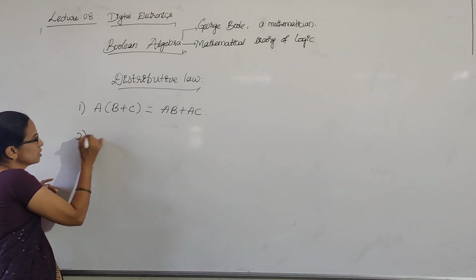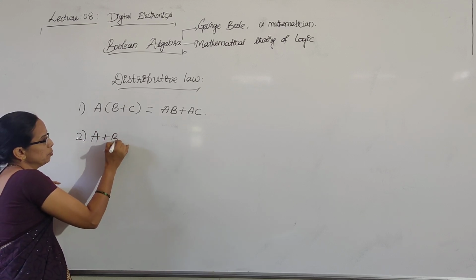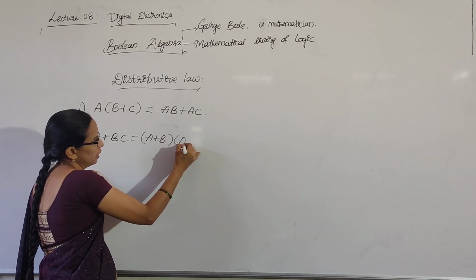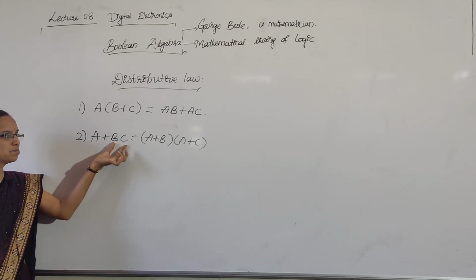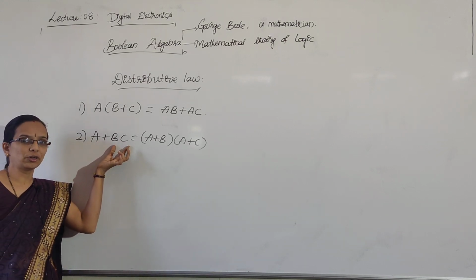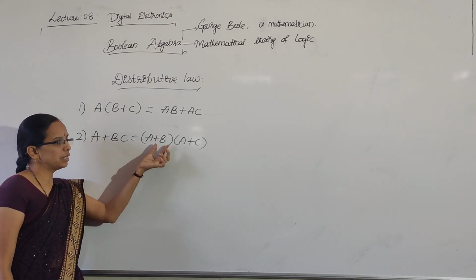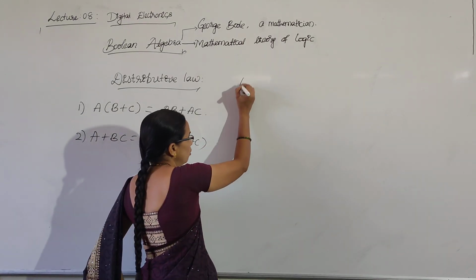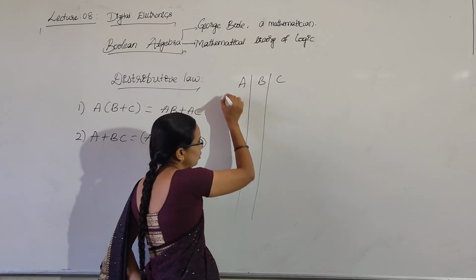The second one is A plus BC is equal to (A plus B) (A plus C). In your mathematics it cannot be possible, but here in Boolean algebra you can write A plus BC as (A plus B) (A plus C). If you want to prove, again put that truth table, 3 variable truth table.